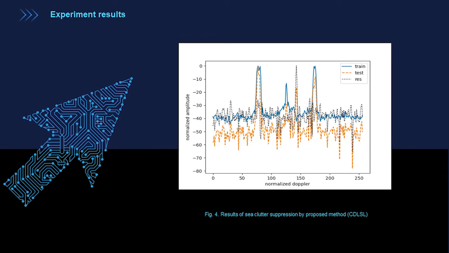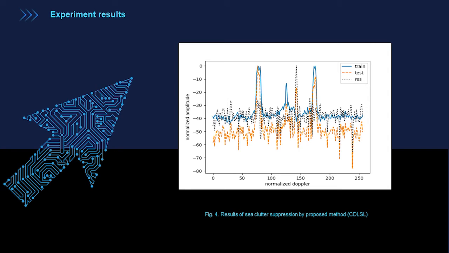We can reserve the C-clutter data for the subsequent dictionary learning from the results map of CDL-SL in Figure 4. We can observe that the proposed framework accurately expresses the characteristic of the C-clutter.